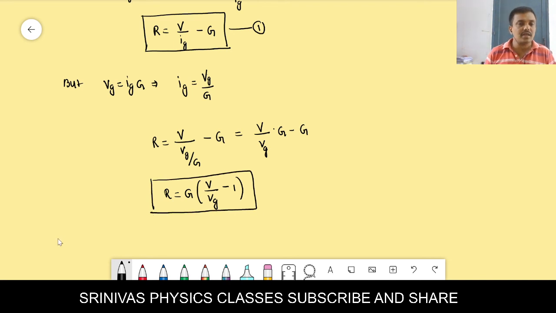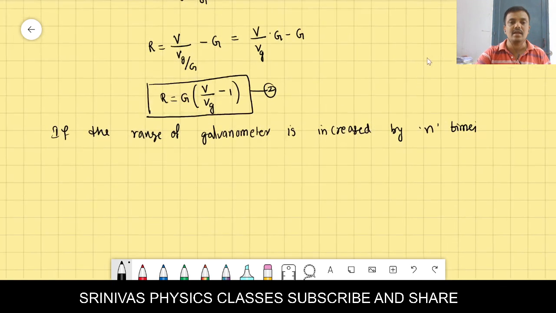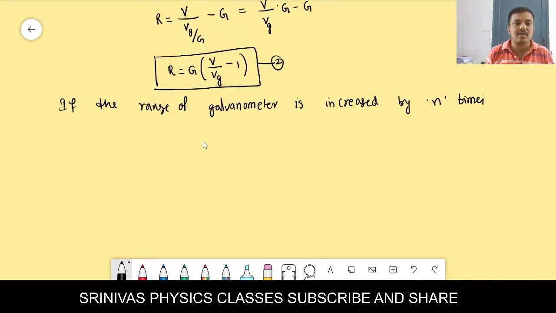This is equation 2. If the range of the galvanometer is increased by n times, that means what happens?